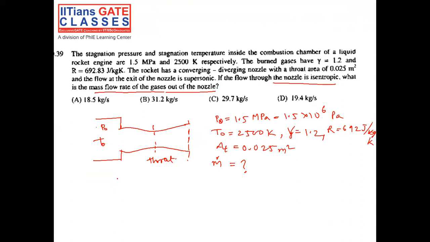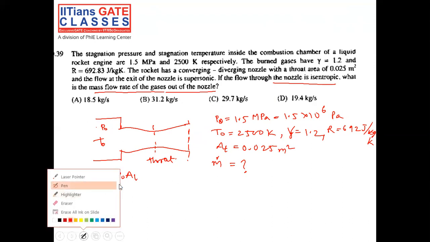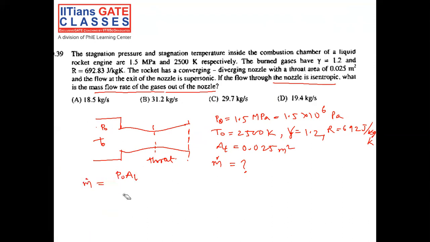So there is a very important expression for mass flow rate through a variable area duct, and that expression is m dot equal to P naught A root over gamma by under root R T naught, M by (1 plus (gamma minus 1) by 2 M square) to the power (gamma plus 1) by 2(gamma minus 1).